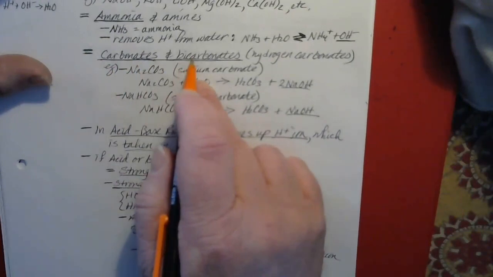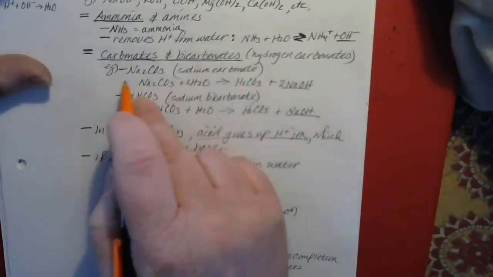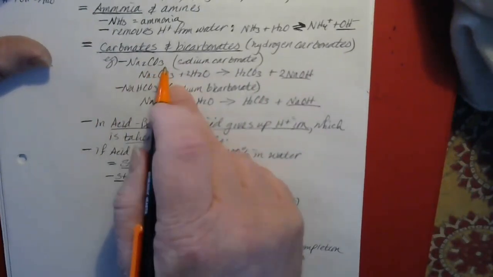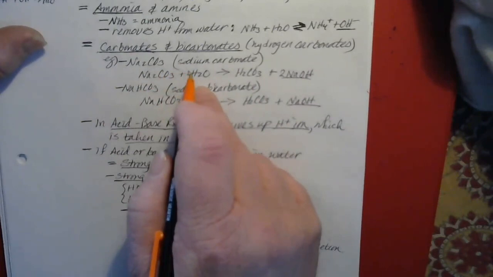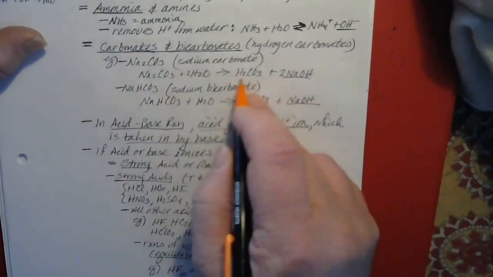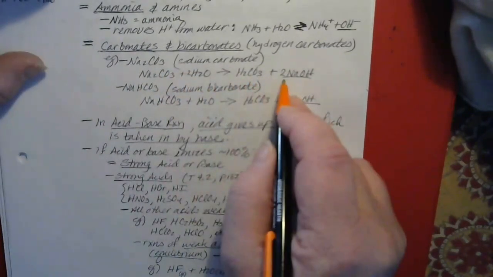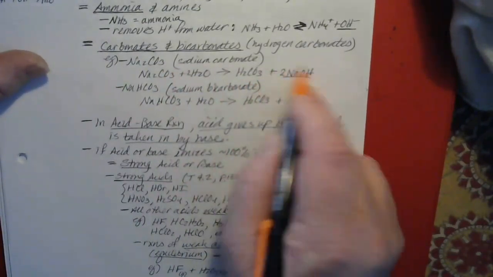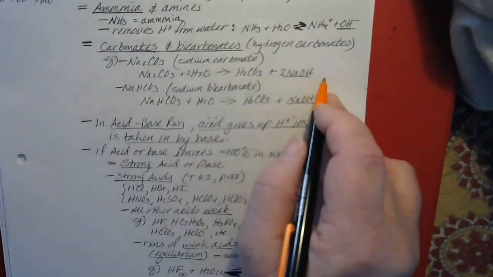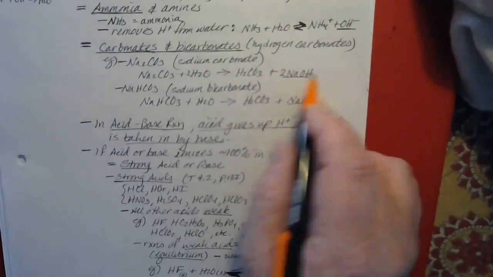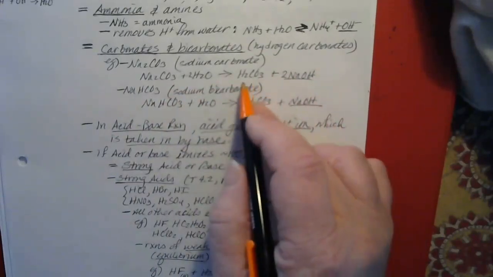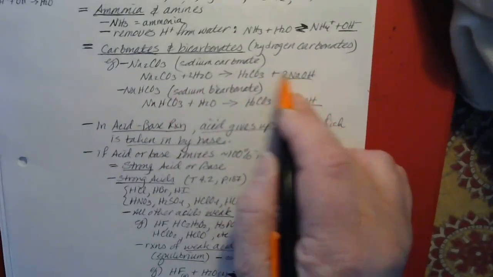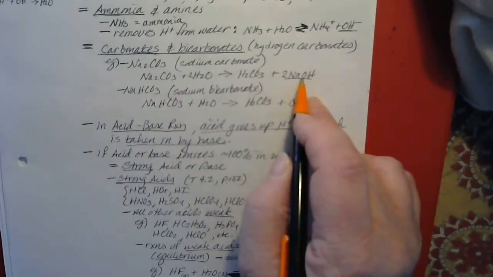Also, carbonates and bicarbonates, or hydrogen carbonates, are considered bases. Sodium carbonate has the formula Na2CO3, and if you combine that with water, what you get is carbonic acid, which is a weak acid, and sodium hydroxide, which is a strong base. And so overall, the result is increasing the basicity of water. Of course, NaOH is an ionic compound, so it's really present as Na plus ions and OH minus ions in water.